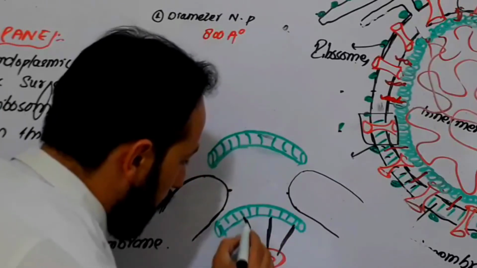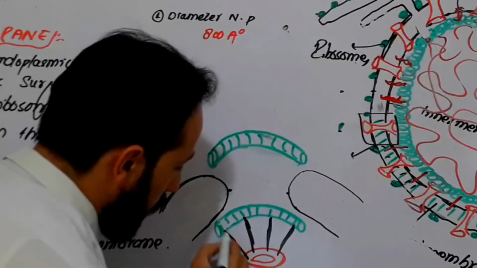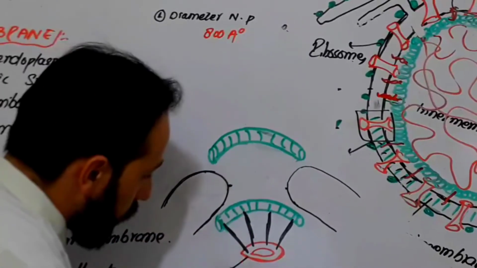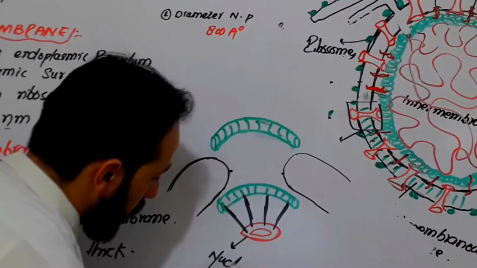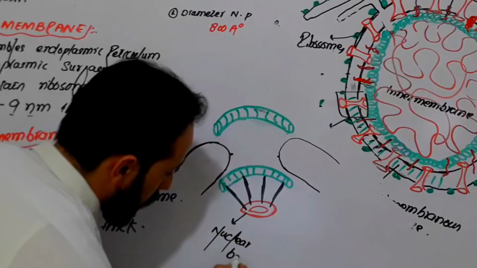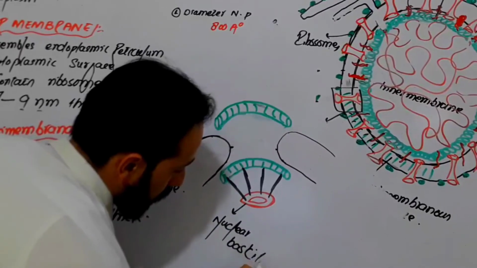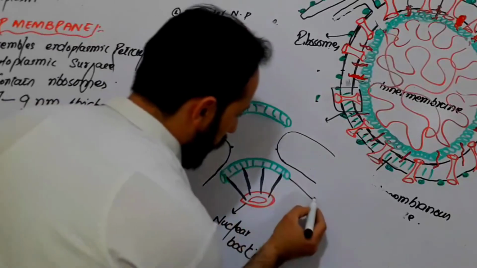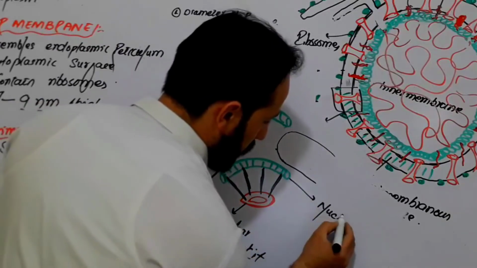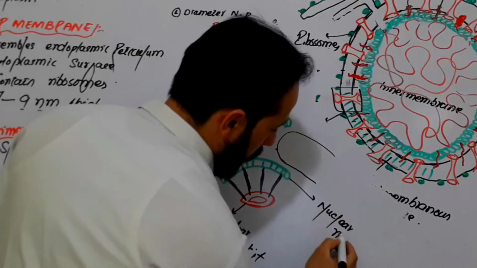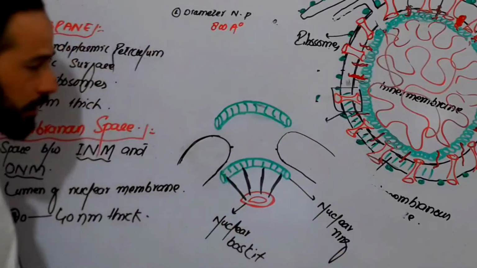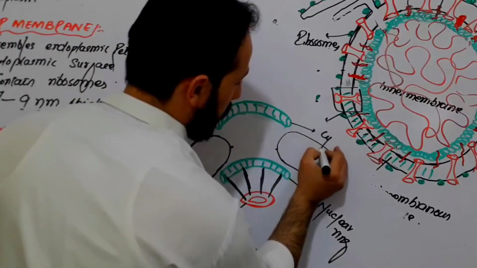So this is called the nuclear basket, this is called the nuclear ring, and this is called the cytoplasmic ring.